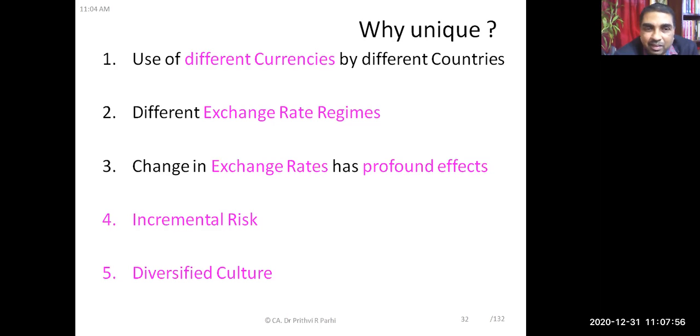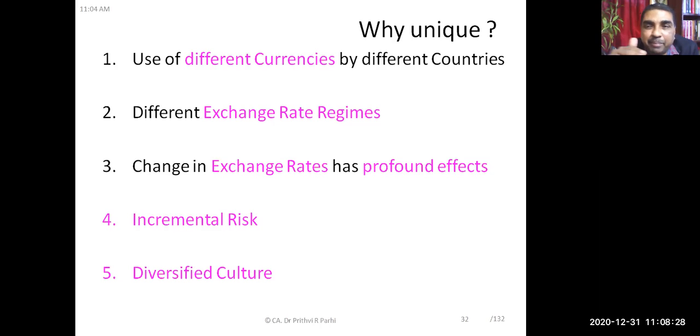And those countries follow different exchange rate regimes. What is an exchange rate regime? You may learn it in a different subject, but at this stage, let me just brief you. It is something like the exchange rate policy that different countries follow. Some countries follow a fixed exchange rate regime. Their currencies do not fluctuate heavily.